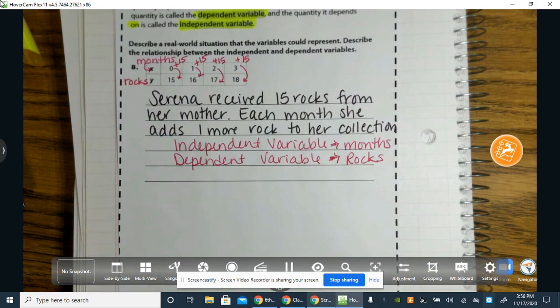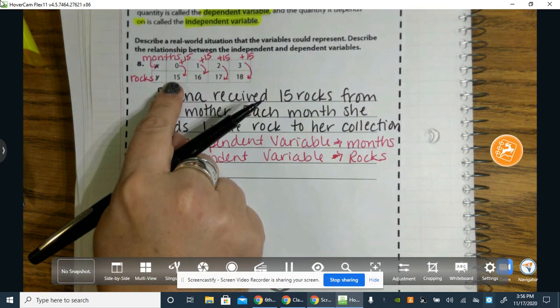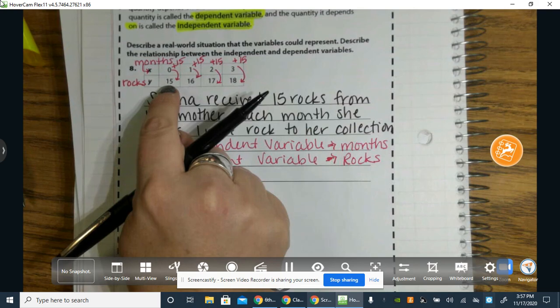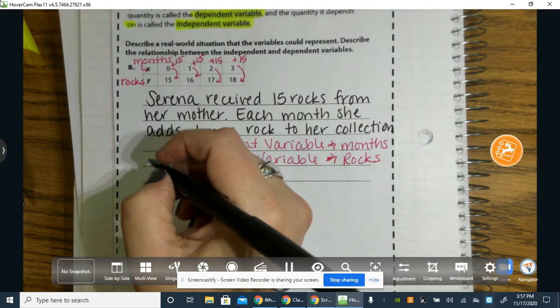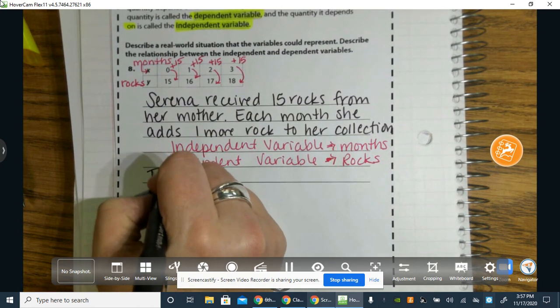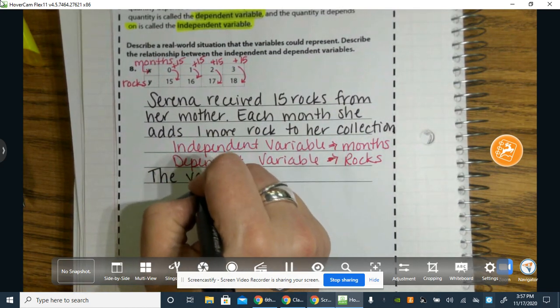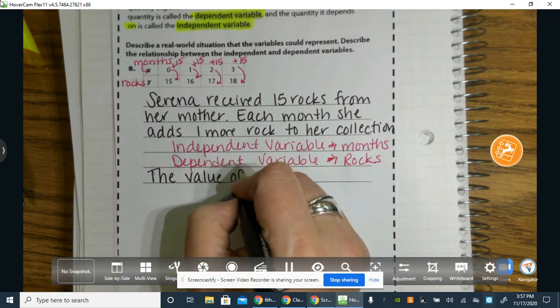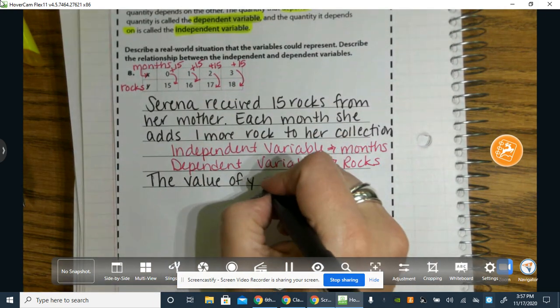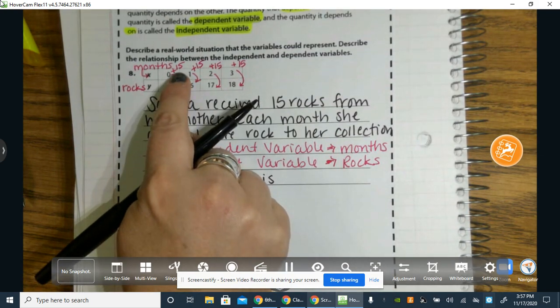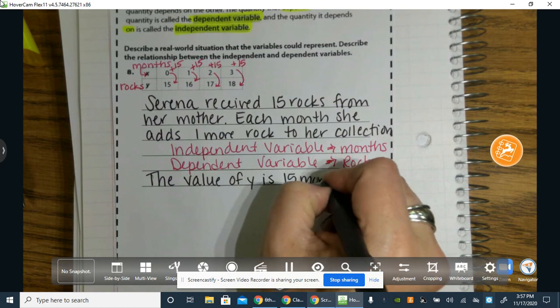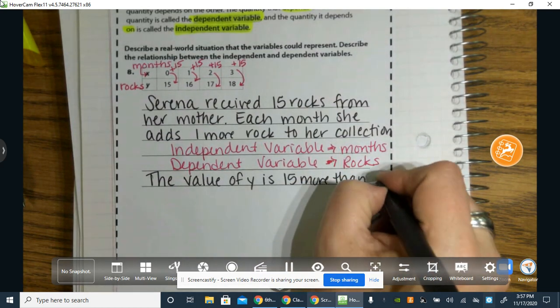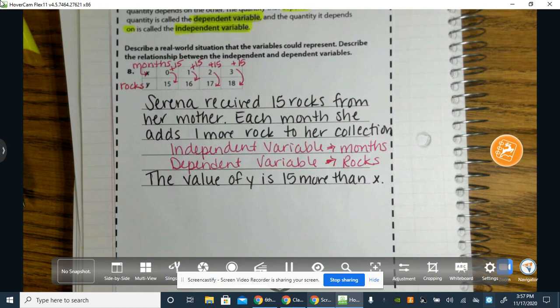So I can look at this and say, well, the rocks is 15 more than the months. So the value of Y, because that's rocks, is 15 more than X. Okay?